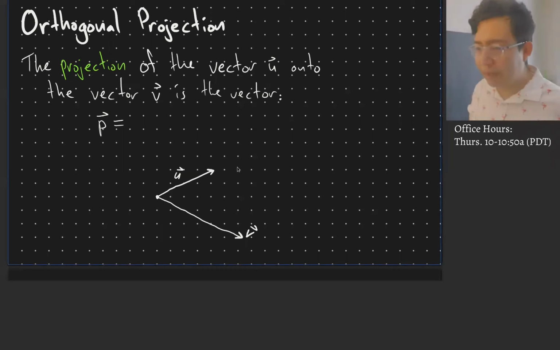But in the picture here, you're treating this vector V as if it was the ground, and this U is like something sticking up at a certain angle. We're imagining there's light casting straight down, and so you're looking at the shadow of U on V. That's kind of how I like to think of it.